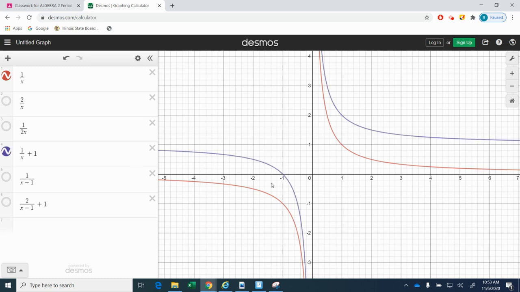Now this graph shifted, but we want to know how it shifted. The line definitely moved, but there was something more important that actually shifted with it. This purple line now is restricted based off of x equals 1. Now I can actually cross the x-axis, but my issue is now I can't cross at 1.